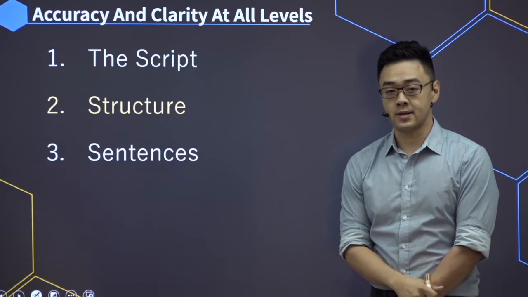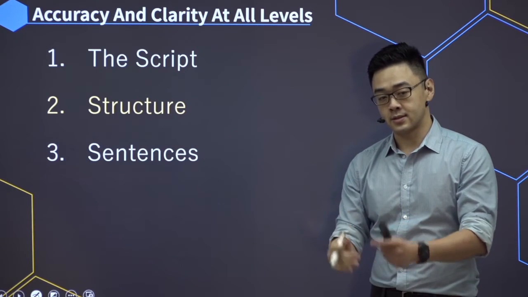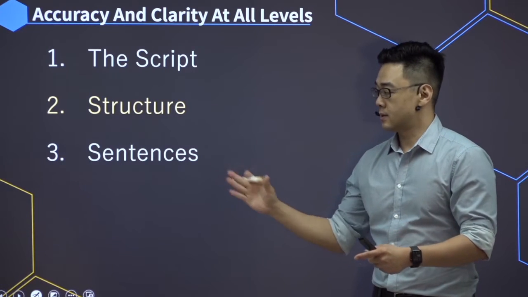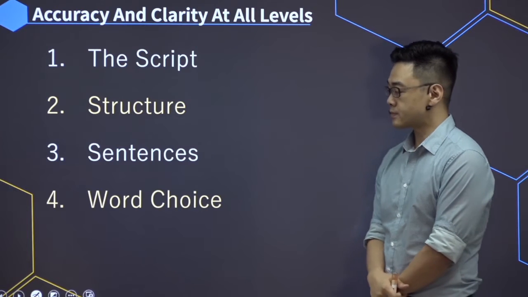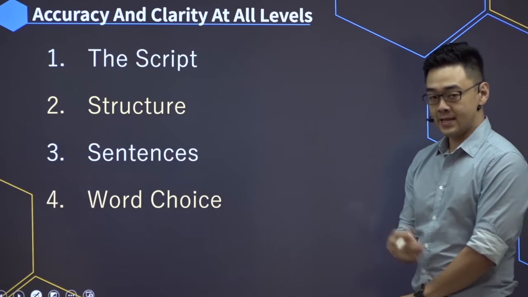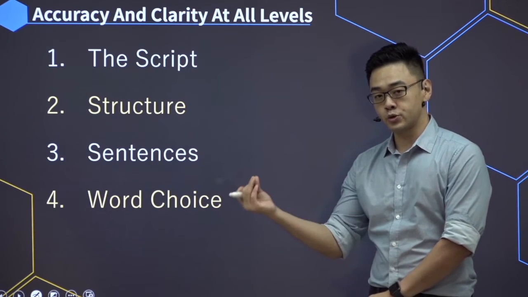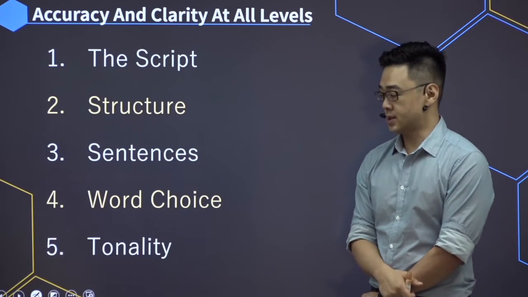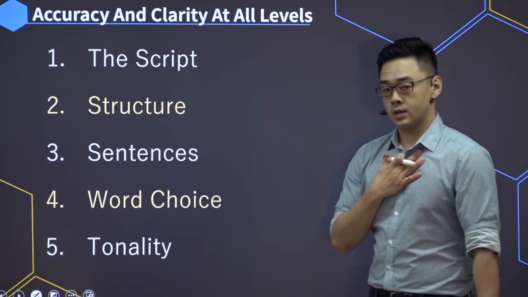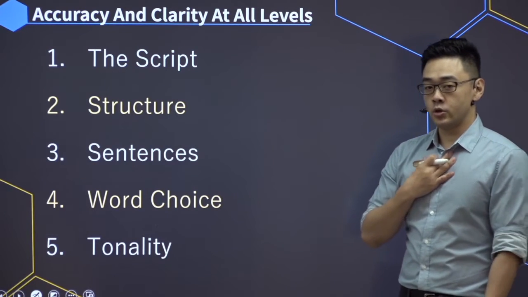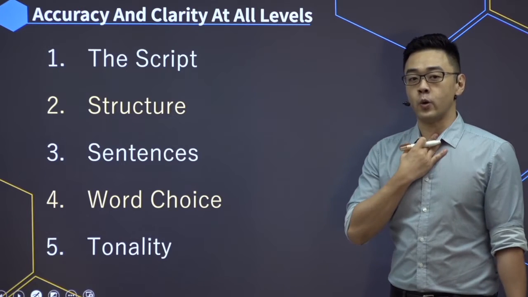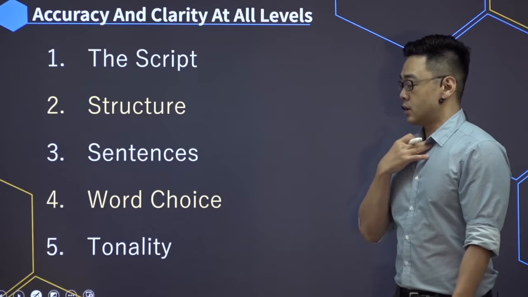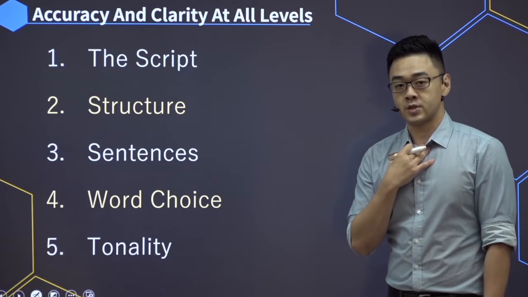Then the sentence. Long sentence or short sentence? Okay? Complex sentence or simple sentence? It matters. Word choice. Easy words, difficult words, emotional words, or boring words? Word choice. Very important. Tonality. Especially in presentation, your body language, your voice would be very important for your message delivery.